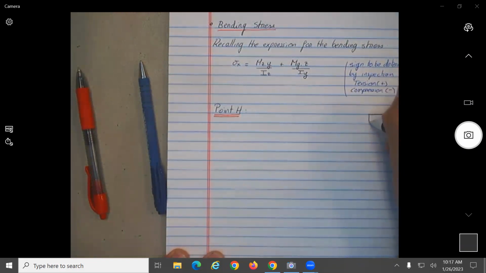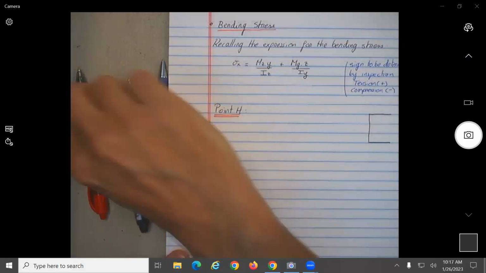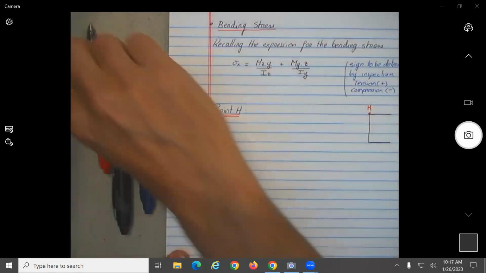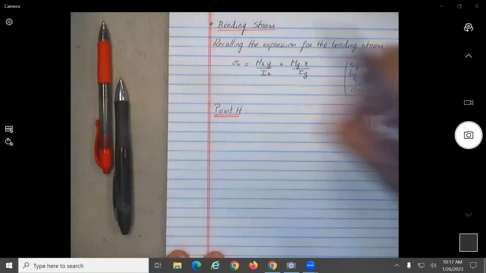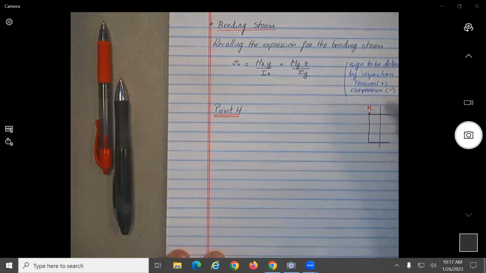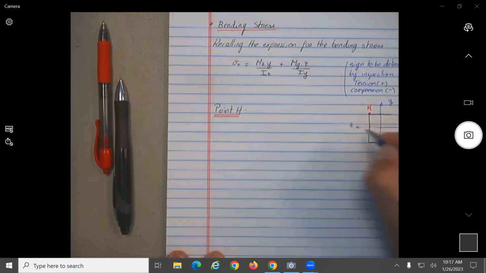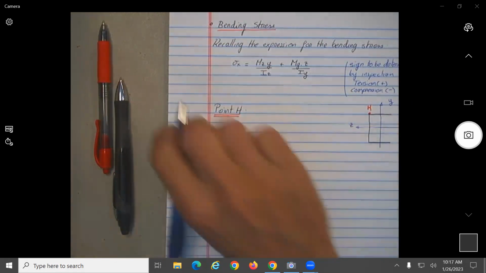I'm not going to do the thicknesses anymore because they aren't really that important. So we have this. We know point H is located over here. We have here the y-axis, and this should be the z-axis.